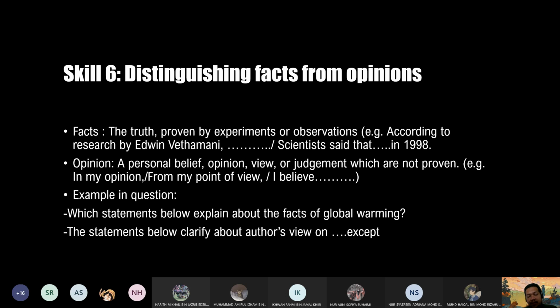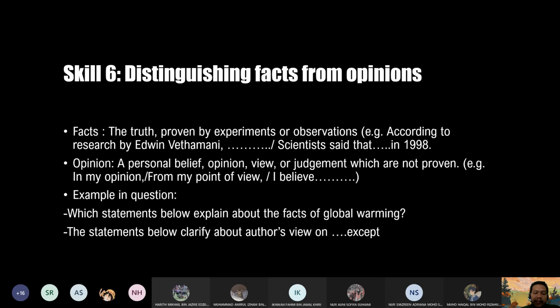When the writer uses I think, it is basically opinion. A question might be, which statement below explains the fact of global warming? So you find the statement that uses concrete evidence based on experiment or observation.